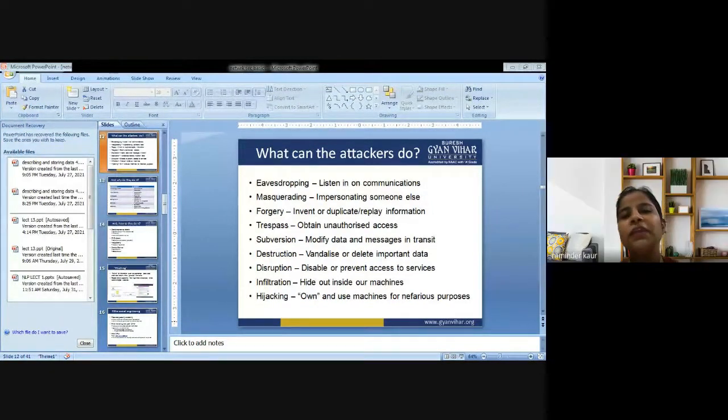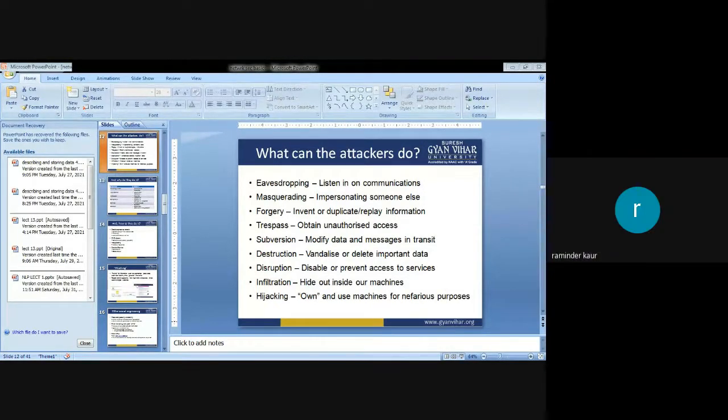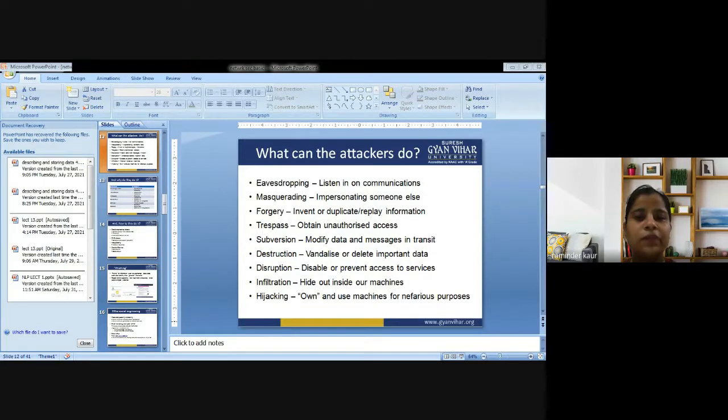So, what would be an example of masquerade? They generally include attackers that impersonate other inside users. Masquerade is concerned with impersonating someone else. So, what is impersonating? Impersonating means a fake identity to gain authorized access.